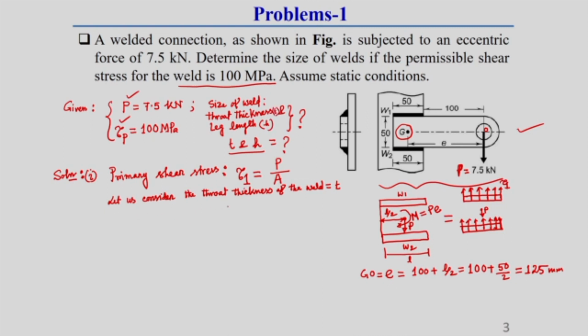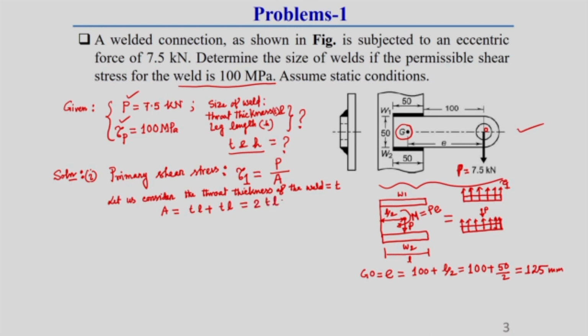So, what should be the total area of the weld? Here you can see two symmetric welds are there whose lengths are also equal. So, the total area in the plane of the throat thickness will be t into L for two similar symmetric welds, so it will be 2 into t into L.